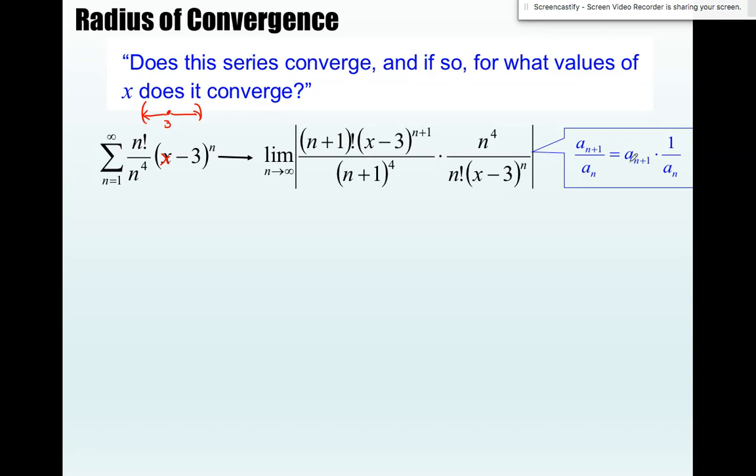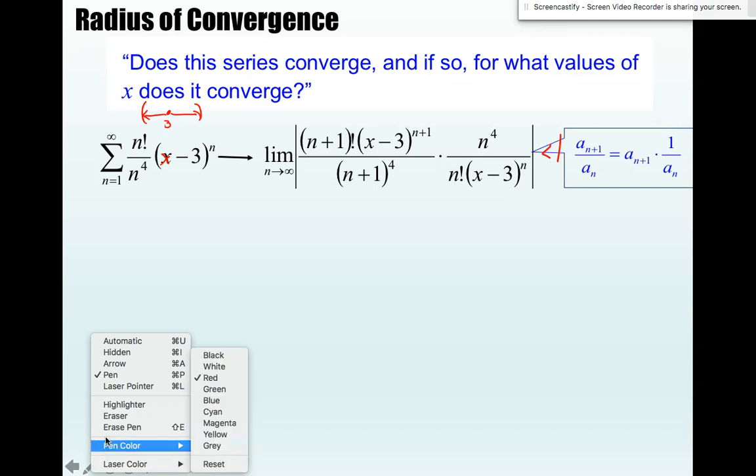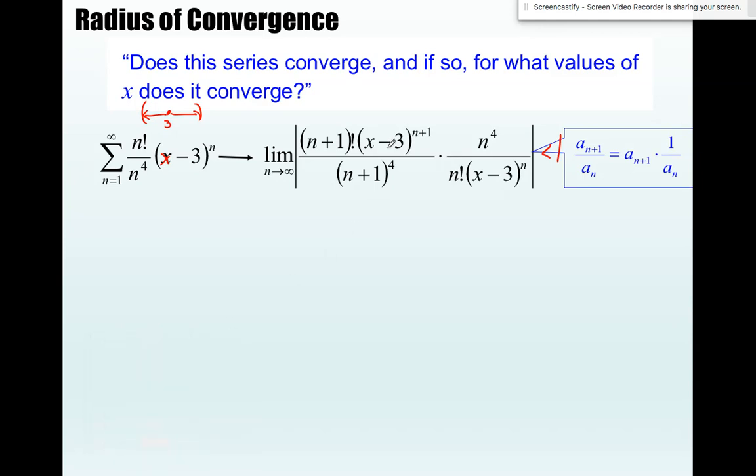I just reminded you that what I have here has to be less than 1. I picked this example because it has factorials in it. The last one had exponents, where I showed you splitting up exponents, like 3 to the n plus 1, make it 3 to the n and 3 to the first. I'm going to have that scenario here too, but I also have to deal with factorials. So look at your x's.